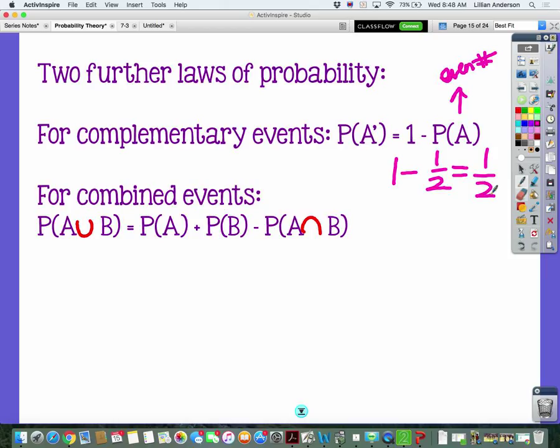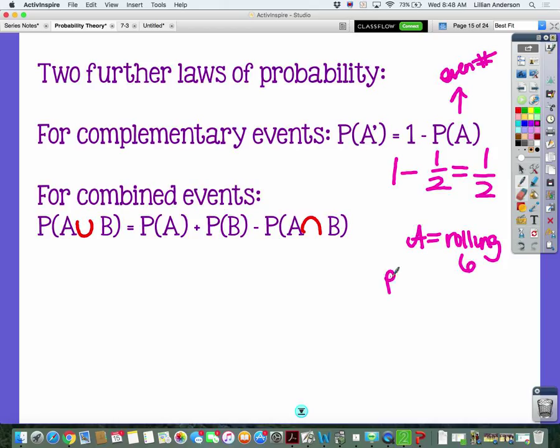Now, I know that's a pretty easy example to use, but depending on the type of problem that you're dealing with, that particular law can actually be very handy. You could also look at it like, let's just say you have a die and event A was rolling a 6.